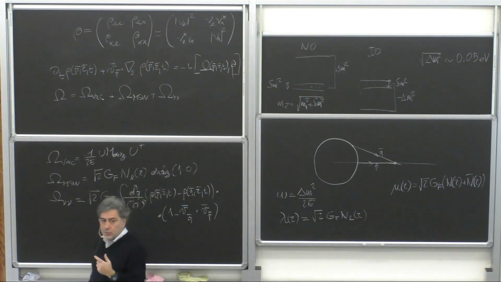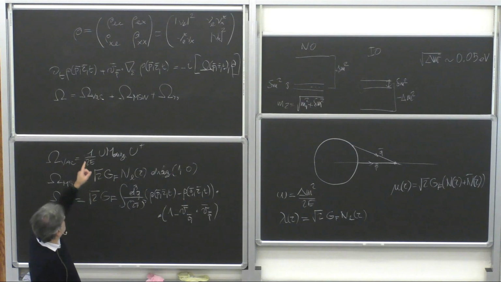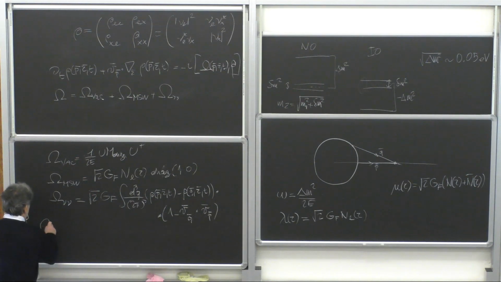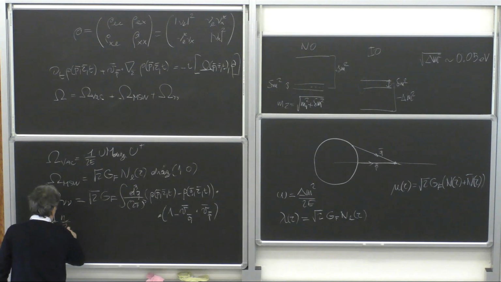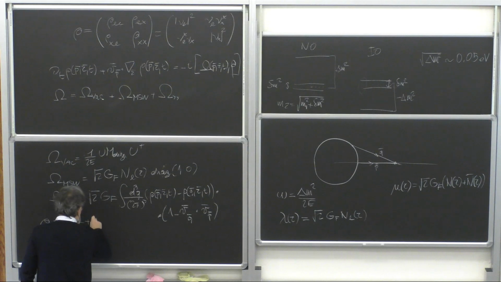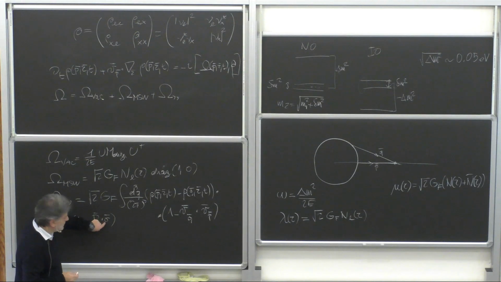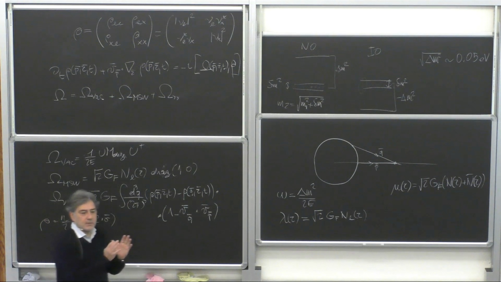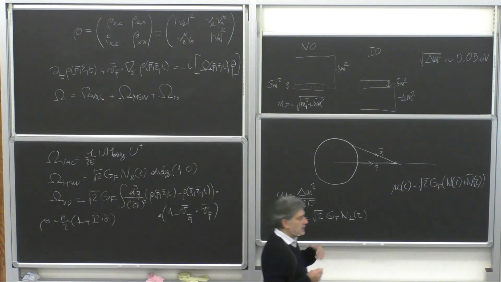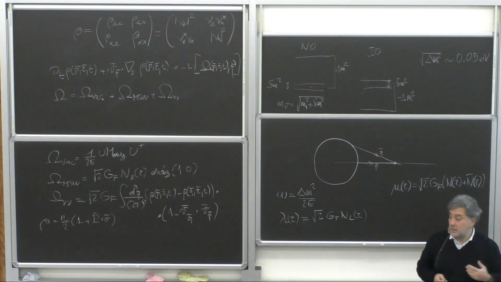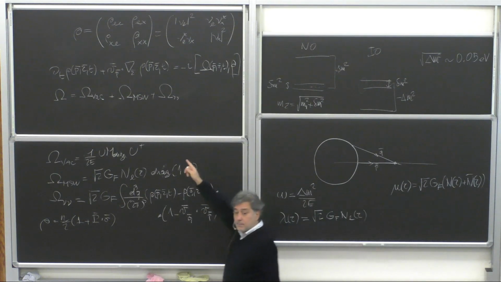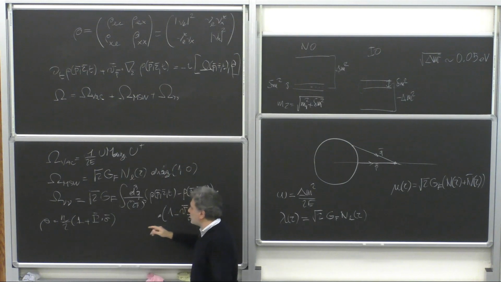As I told you, you can expand the rho matrix. It was something like 1 plus P dot sigma, if I remember well. So you have the coefficients of the Pauli matrices that form a vector, P. And you can write the equation of motion for the density matrix as an equation on these vectors.